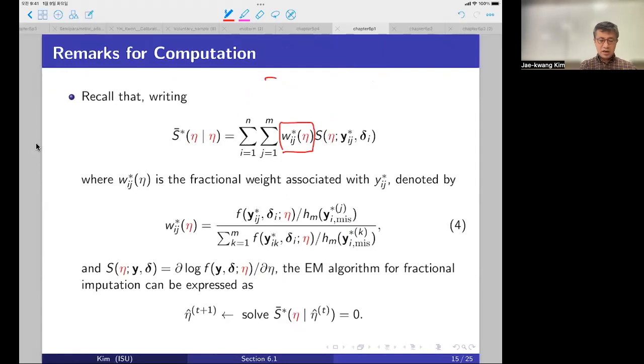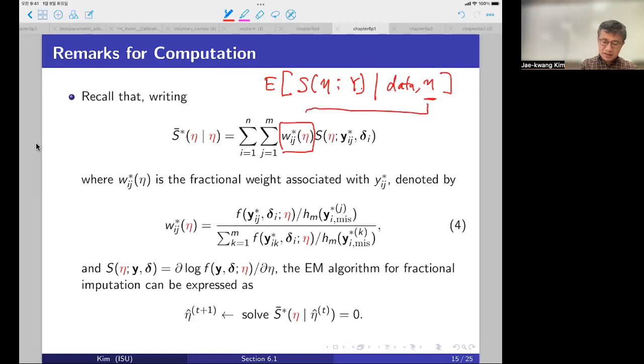So when we compute the conditional expectation of the score function, you have data y and eta. The dependence on the parameter is a tricky one. The dependence on the parameter when computing the conditional expectation is fully transported to constructing the fractional weight, right?